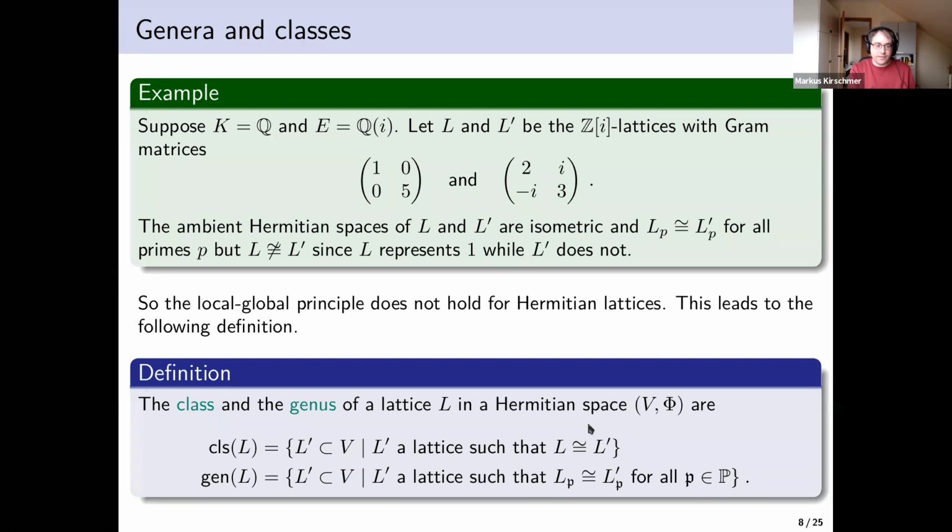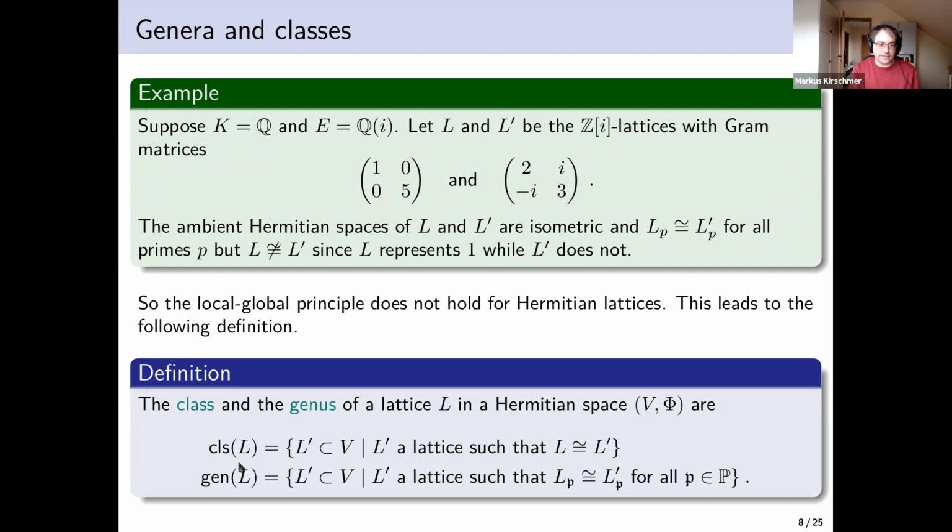Given a lattice L in a Hermitian space, we say the class, or more precisely the isometry class, is the set of all lattices in the same vector space that are isometric to L. And the genus of L are all the lattices that are locally isometric to L. Without loss of generality, I can assume that all my lattices reside in the same Hermitian space, so I don't have to check the infinite places anymore, simply because for the spaces, the Hasse principle holds, and therefore it suffices to discuss only lattices inside the same vector space.